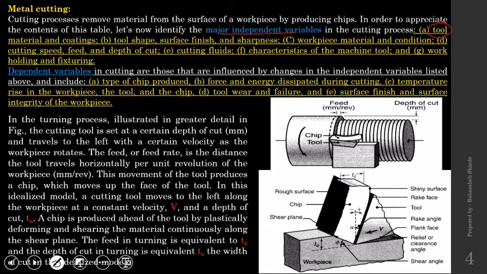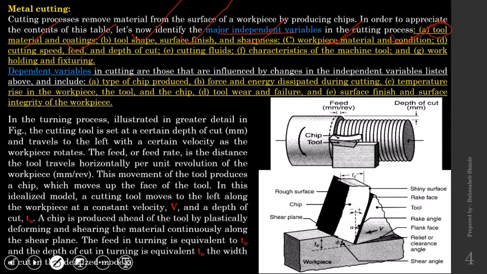You can choose the cutting tool material, the coatings provided on the cutting tool, tool shape, tool surface finish, tool sharpness, that is also in your hand, the workpiece material, and condition of the workpiece, for which application the product is to be produced. Depending upon that, you can choose the workpiece material.